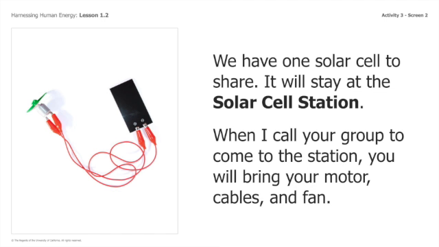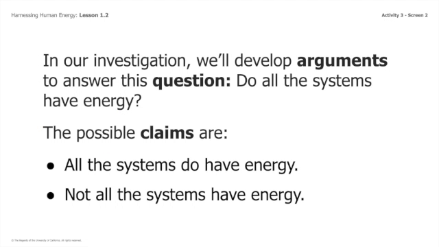So if we're trying to decide whether or not something has energy, we have to think back to our definition of energy, which is that it has the ability to make something change or move. In this case, we're looking to see if the fan moves. So we have 2 claims or 2 answers.